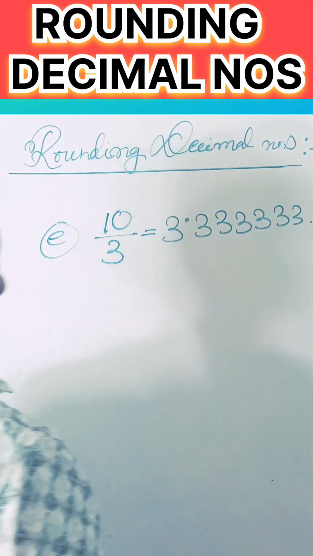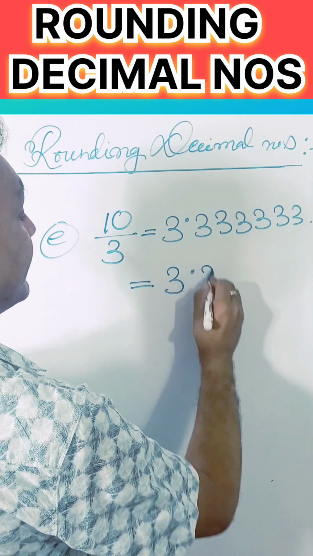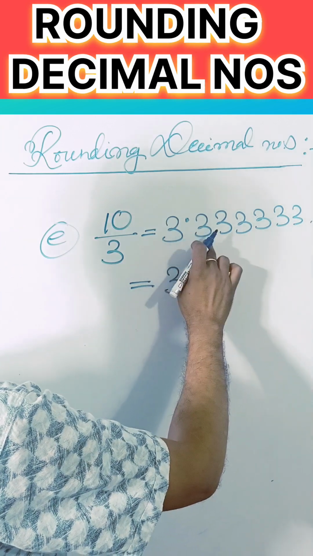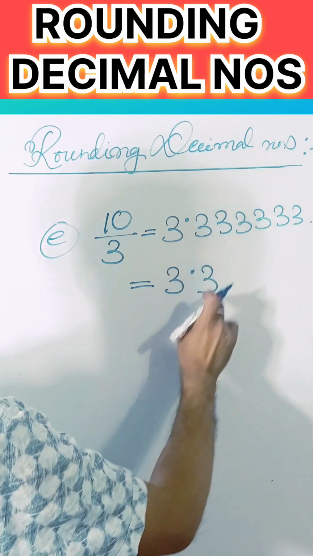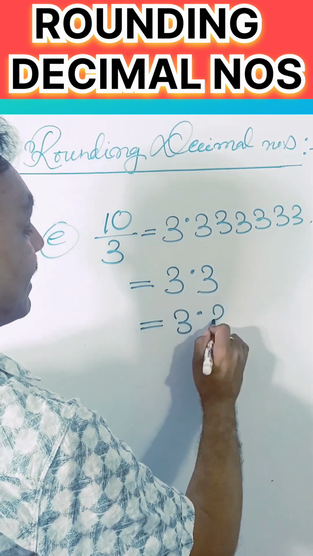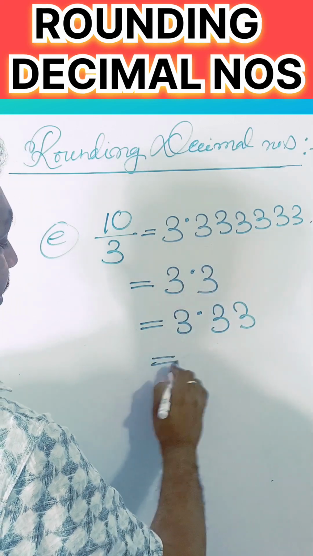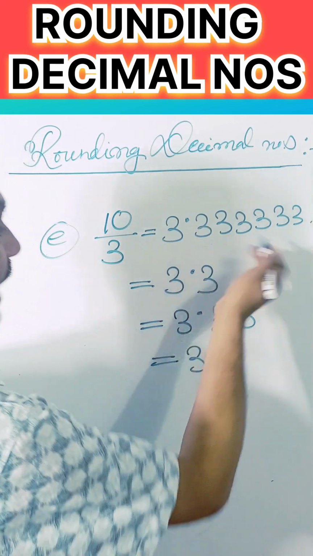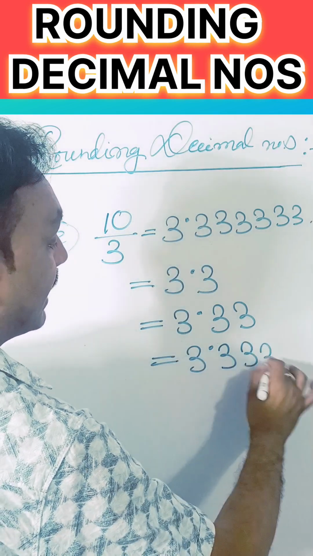In that case, if you want to keep one digit after the decimal, it will be 3.3. Then you have to check the next one. It is less than 5, so you keep it as it is. For two digits after the decimal, it will be 3.33. Since all the digits are less than 5, you cannot add 1 to the previous digit. If you want to keep three digits, it will be like that.